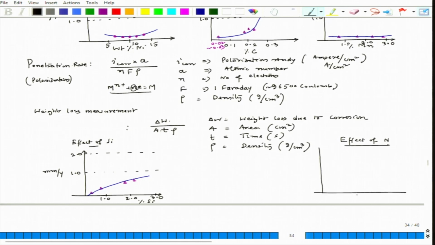A similar plot we can generate. It is 0.1, 0.2, 0.3, and similarly 1.0, 2.0, and this is millimeter per year.